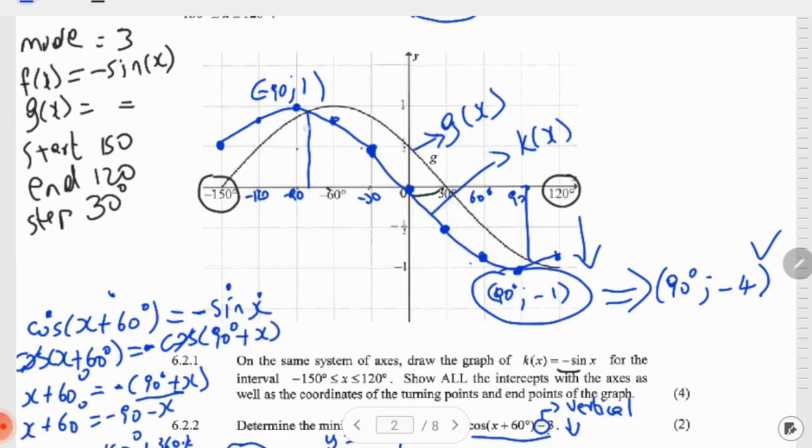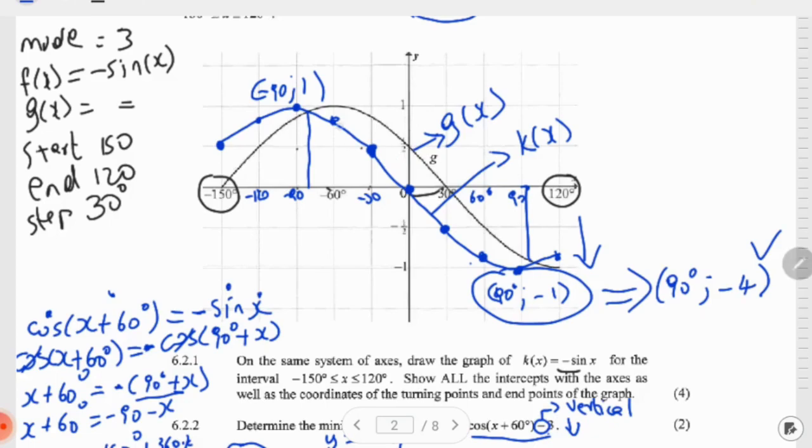Okay, so if you look at it, it's the number after 60 and before 90. And if you look at the number right in the middle of 60 and 90, it's going to give us 75.